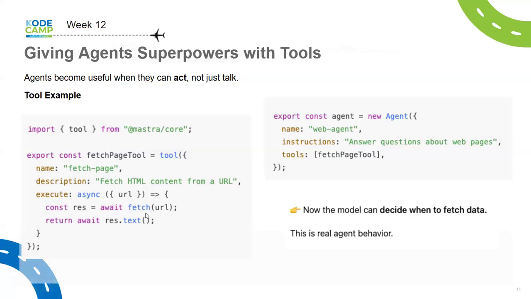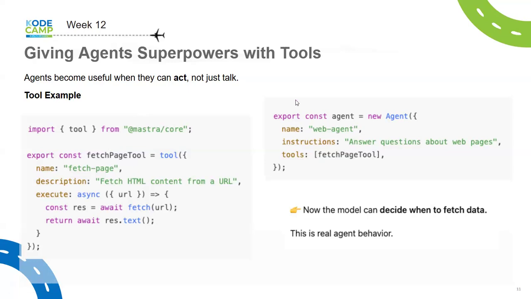That's how tools work. Now, this is the basic form of it. When you have defined the tool, you then pass it into the agent with this tools key, and the agent now has it available.